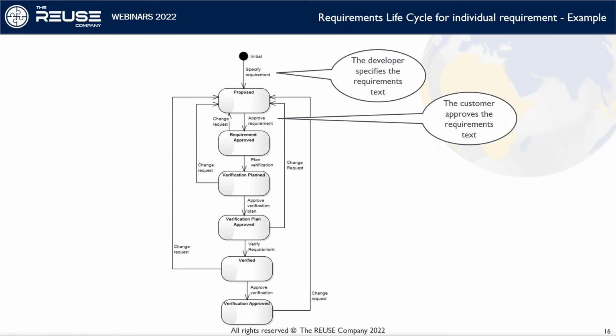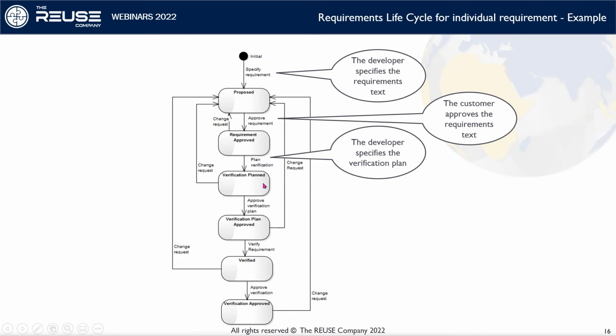Somebody needs to review this, approve this, and say, yes, this is a good requirement, and it's an approved requirement now. You need to suggest how the verification of the requirement, or actually how verification of the system or product built based on the requirement shall be verified.